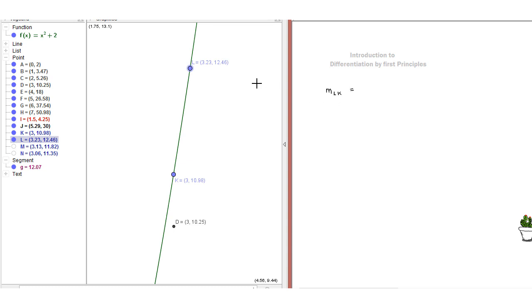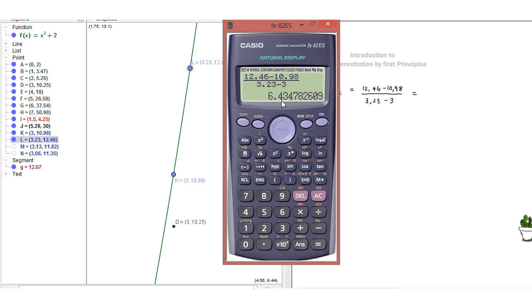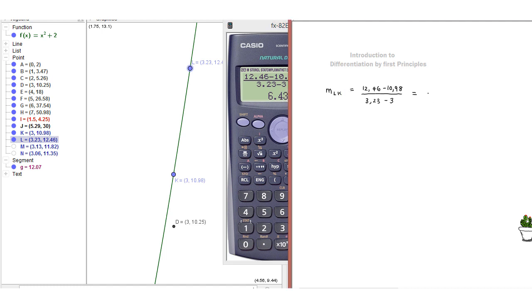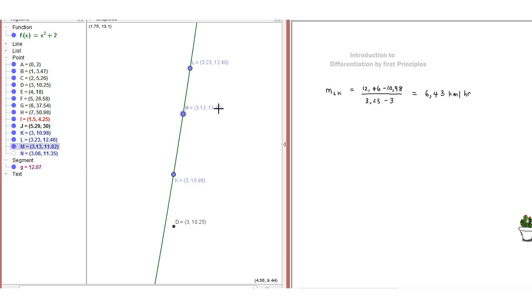That's just going to be the change in the y values, so 12 minus 10.98 divided by 3.23 minus 3. And we get an average speed of 6.43 kilometers per hour.